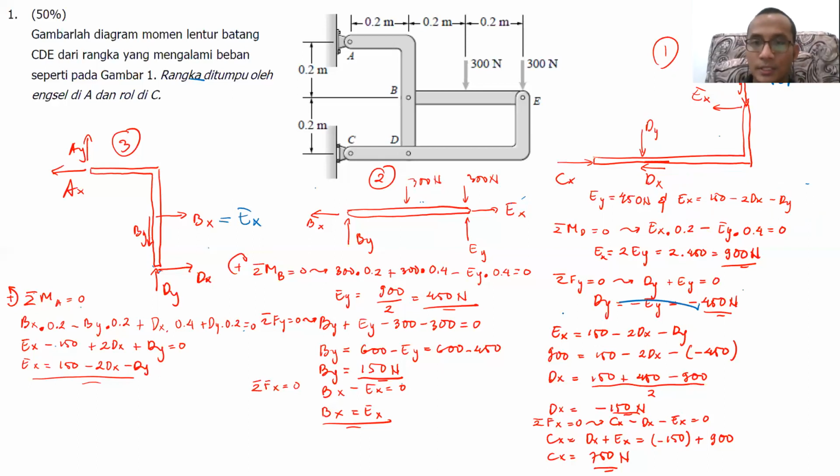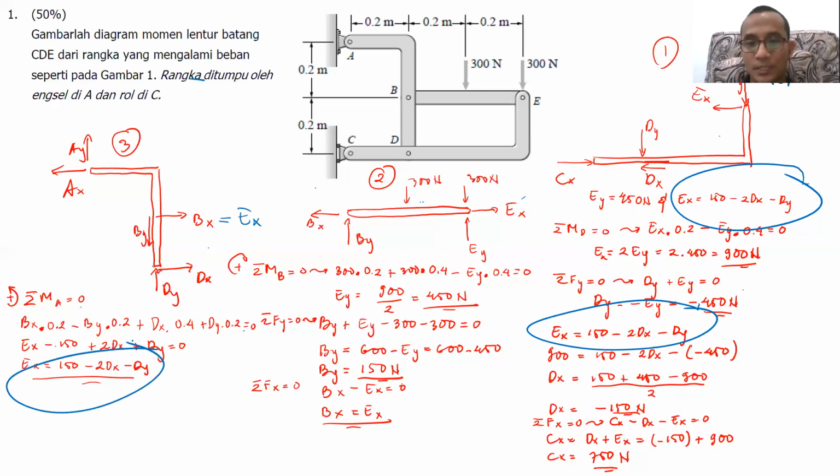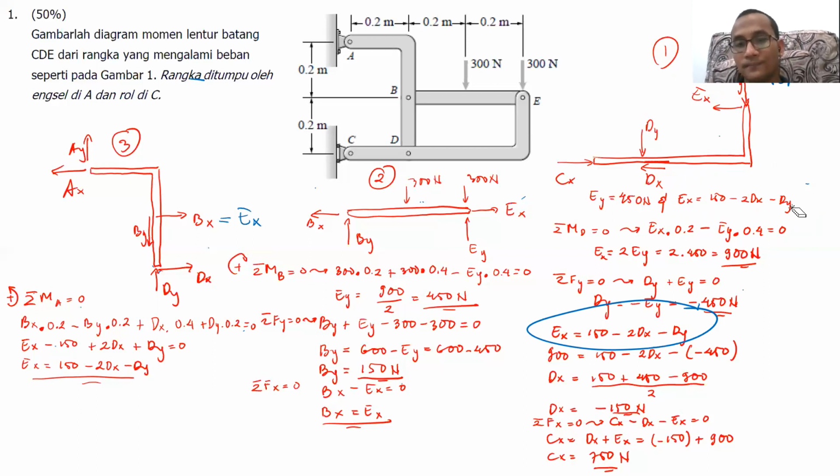This is the same equation that we got before. ex is equal to 150 minus 2 dx minus dy. ex is 900 newtons, dy is minus 450 newtons.